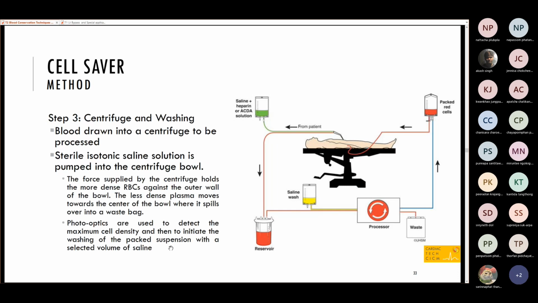Okay, centrifugation and washing. So the first process is that the blood from the reservoir moves to the processor bowl, or centrifuge bowl, and mixes with the saline to wash out the debris and the waste product.